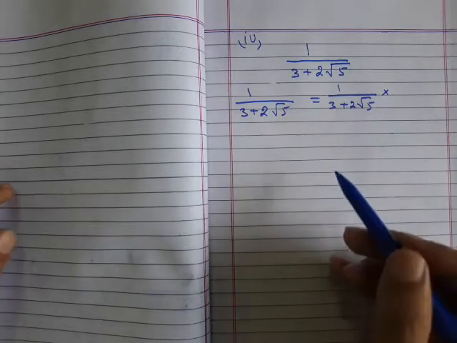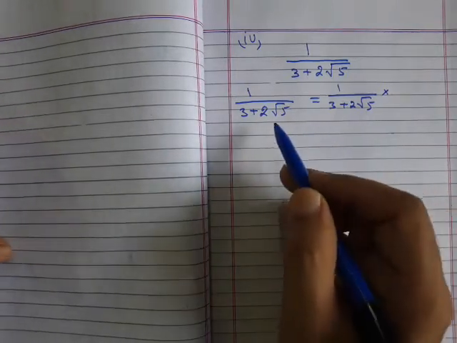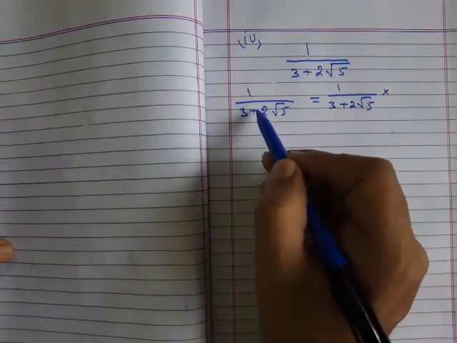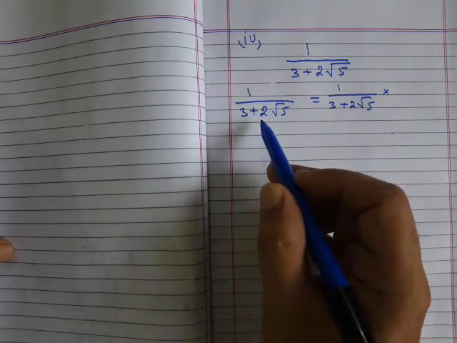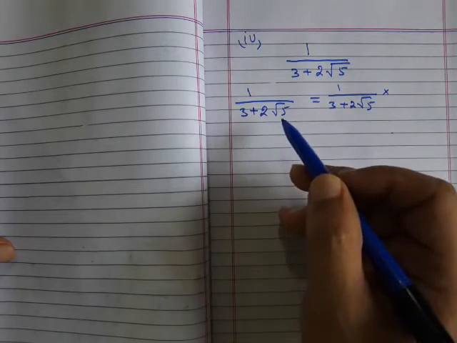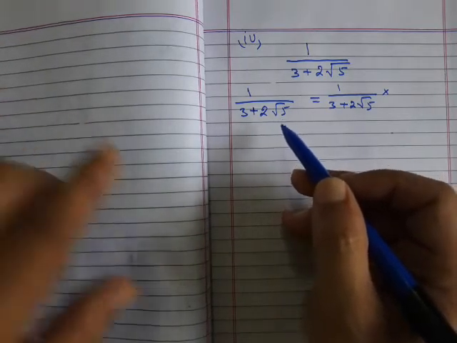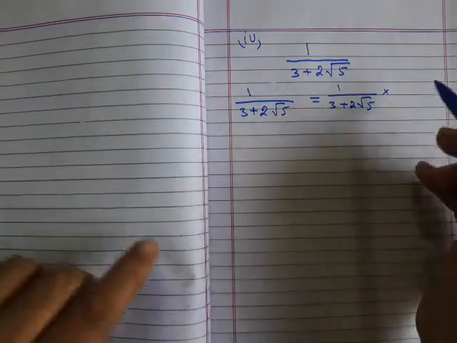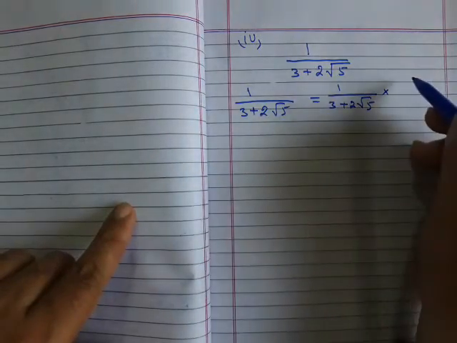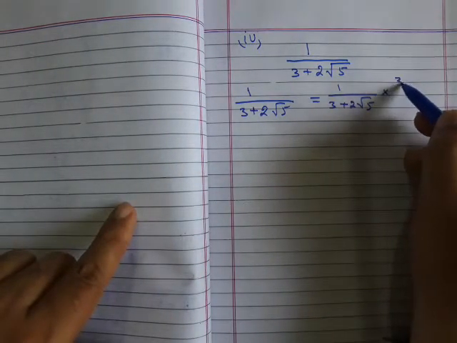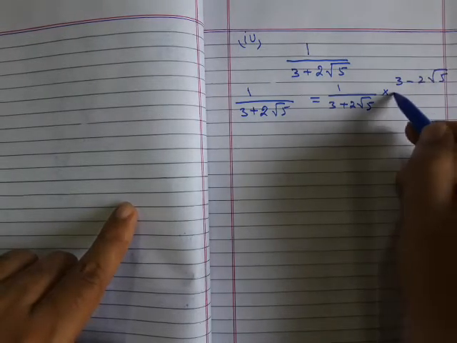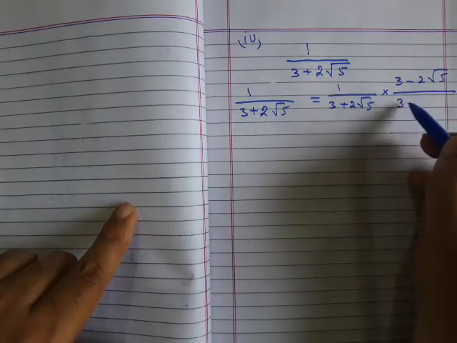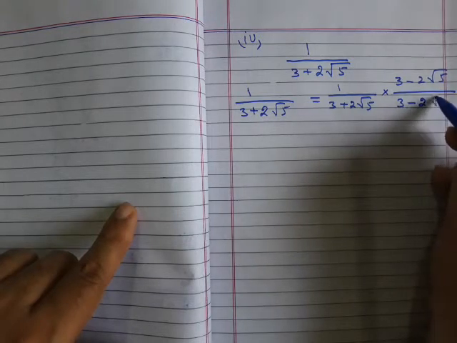Now beta, we have to take the conjugate of the denominator. Conjugate means you will have to change the sign. If there is plus, then change it into negative. If there is negative, then change it into positive. Here 3 plus 2 root 5. Now change plus, that is equal to 3 minus 2 under root 5 over 3 minus 2 under root 5.